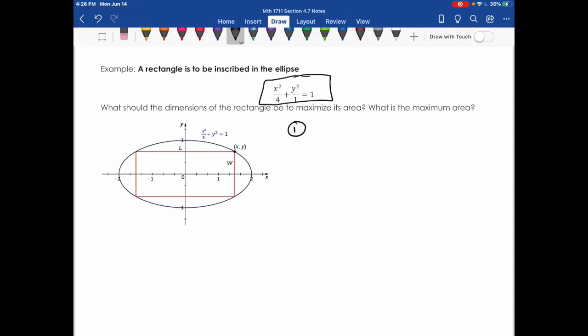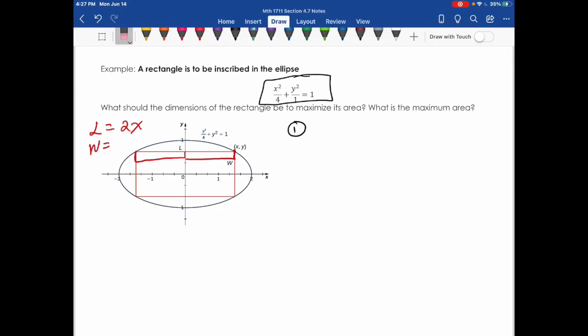So the first step is to identify and label the variables. In the picture, we have the length of the rectangle labeled as L and the width of the rectangle labeled as W. If x is from here to here or from here to here, the length is going to be 2 times x.